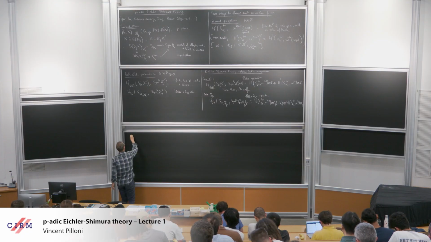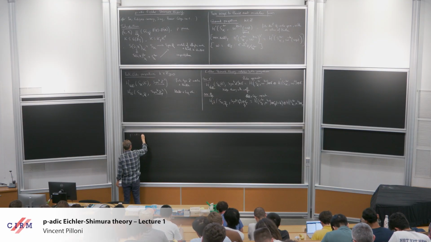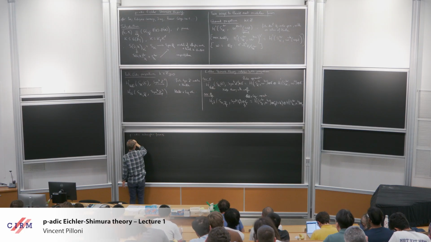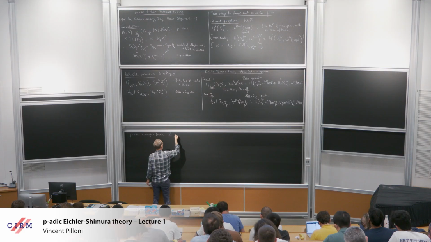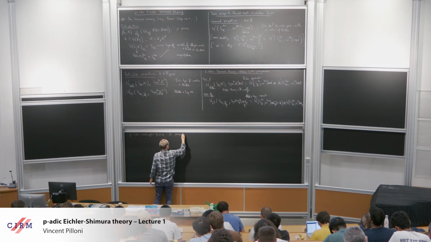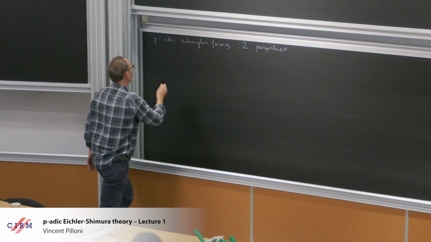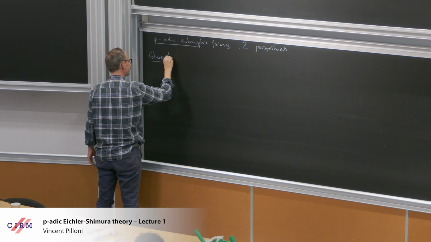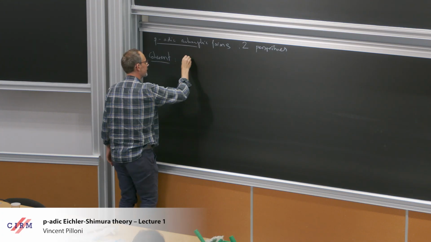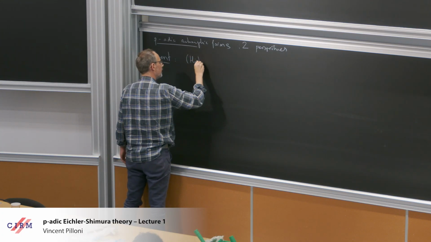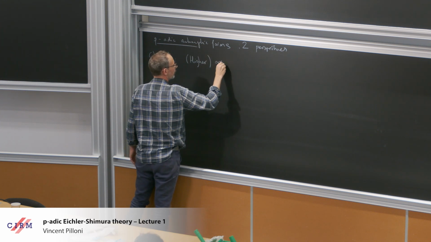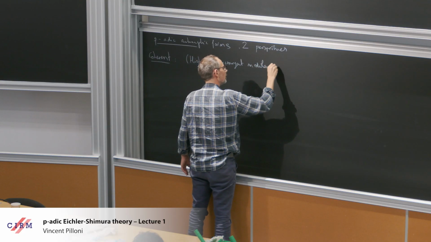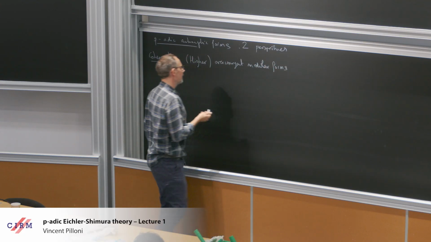Okay, so similarly, for p-adic automorphic forms, we have two perspectives. The first perspective is the coherent perspective. And that's really maybe the theory of higher overconvergent modular forms.